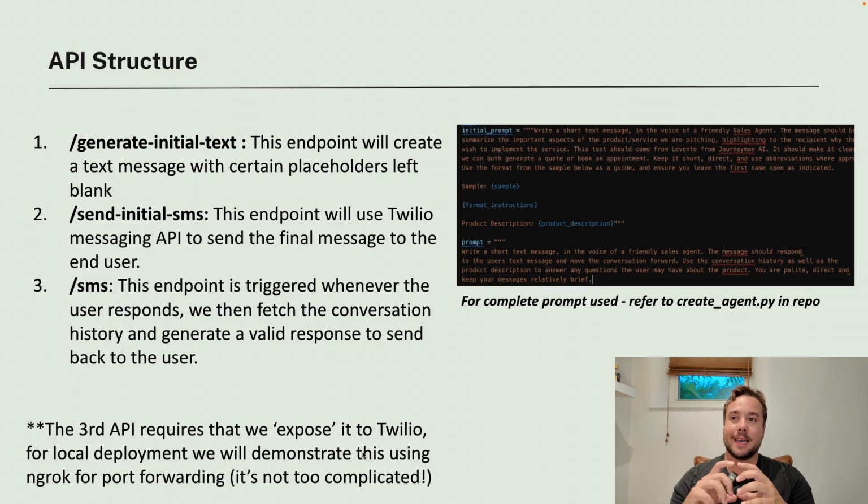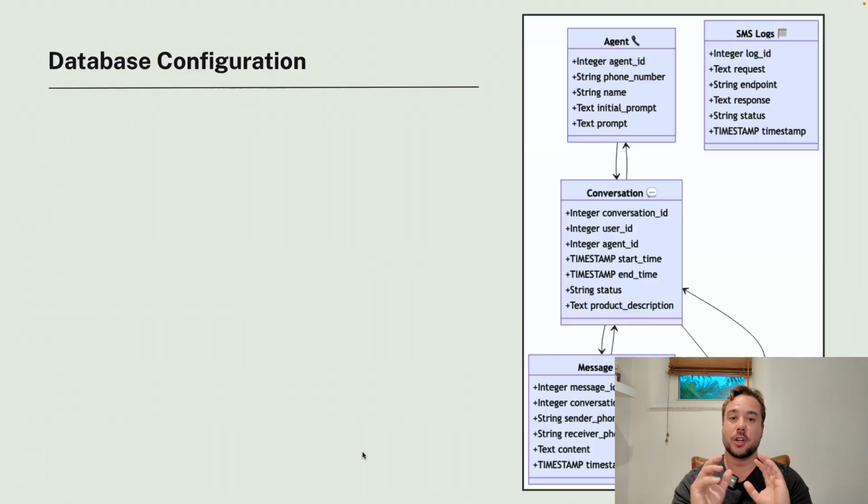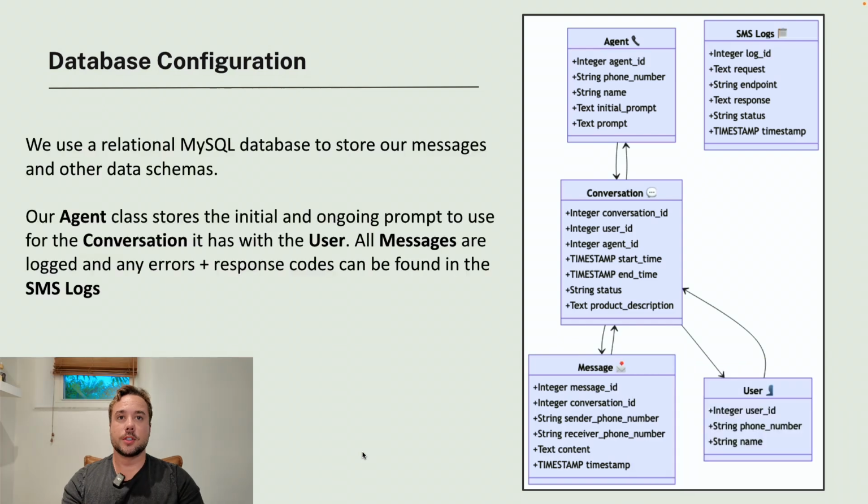So basically, in this case, the agent has access to 2 prompts, one of them for the initial text, so what are we sending out to the user, and the other one is, given the conversation history and maybe some user data, how should we respond? So just to partition those out, I think it's easier because we do have the initial SMS generation and then the response. So moving forward, just a little bit about data schema, and then we'll get into the code very soon.